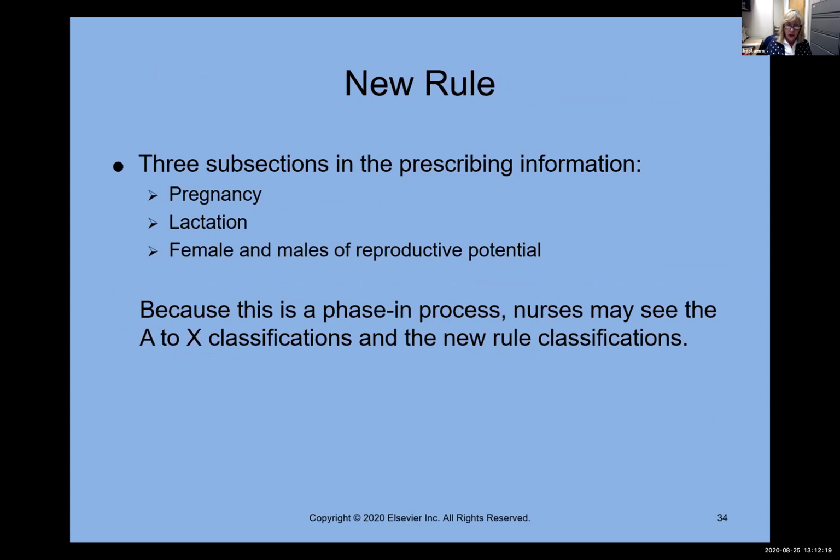The original one was a classification system that went from A to X, and you can look on page 34 in your Lilley textbook, and there is a table, table 3.1, that condenses all of those categories. If a medication falls under category A, there's been no evidence that it affects fetal development. If it falls under category X, there has been evidence to support, like thalidomide, that it does impair fetal development.